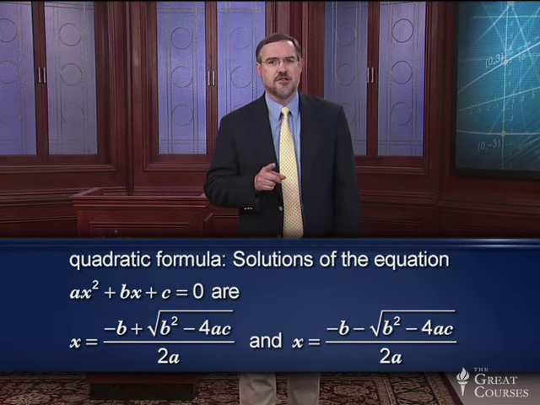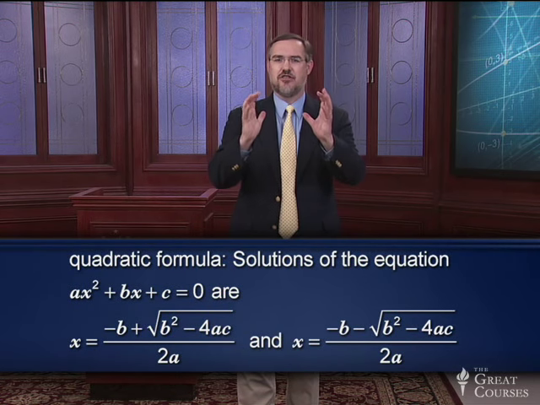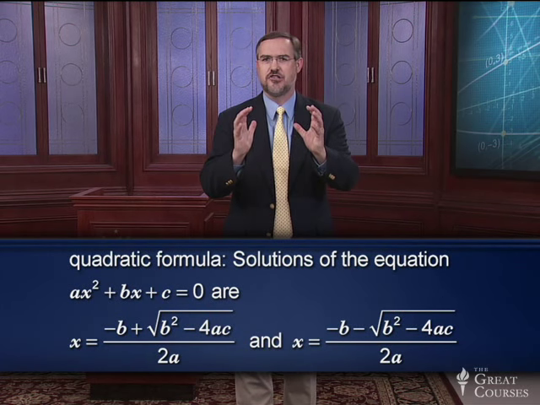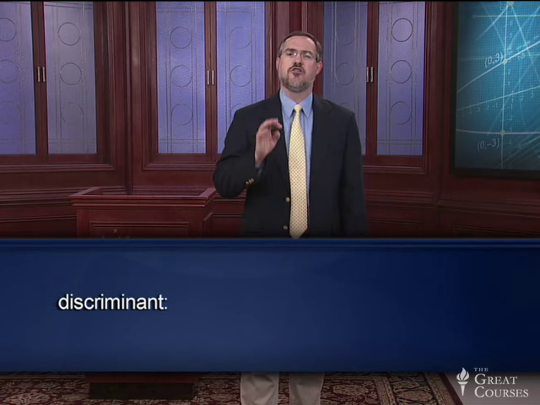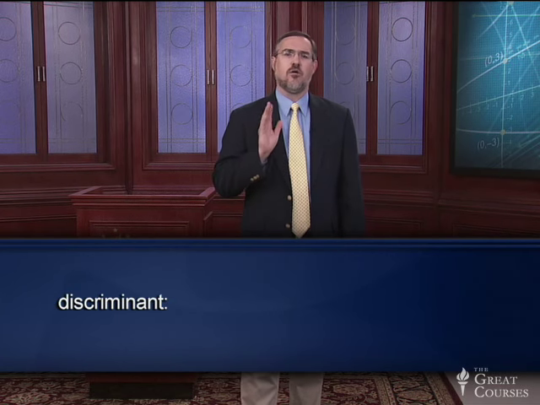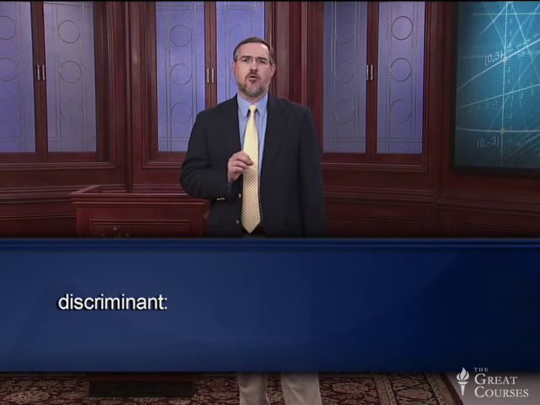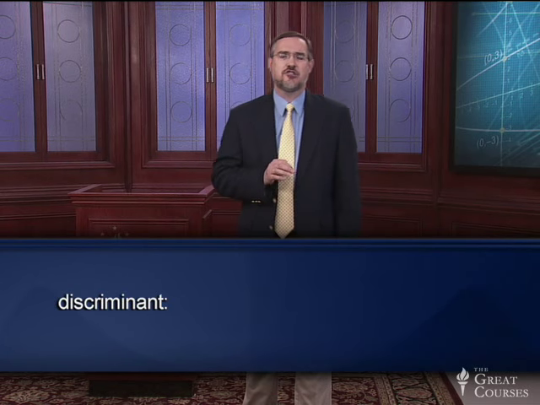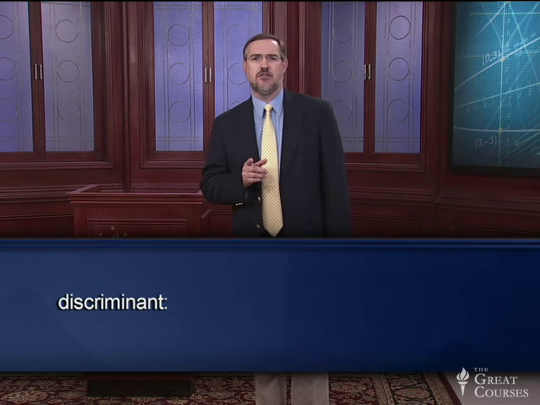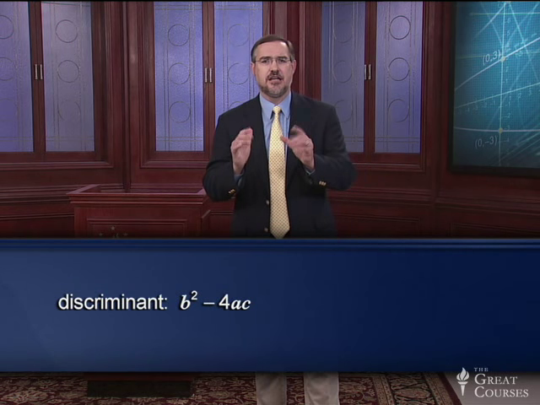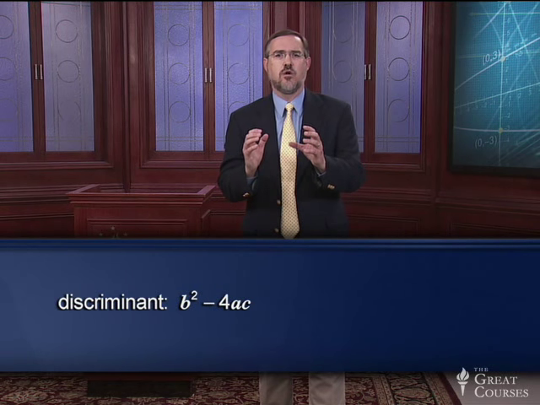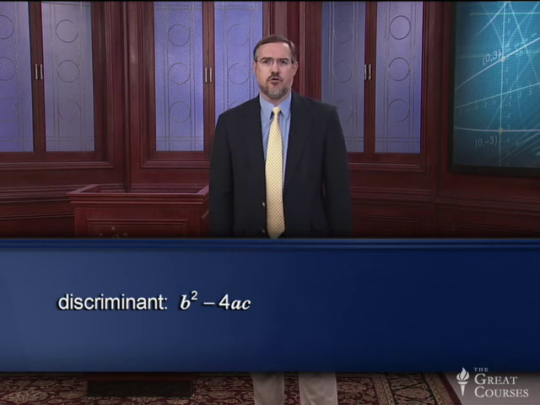Because that amount under the radical symbol is so important, we have given it its own name. It's called the discriminant. We define the discriminant of the quadratic equation ax squared plus bx plus c equals 0 as the quantity b squared minus 4ac. That's the amount under the square root symbol in the quadratic formula.